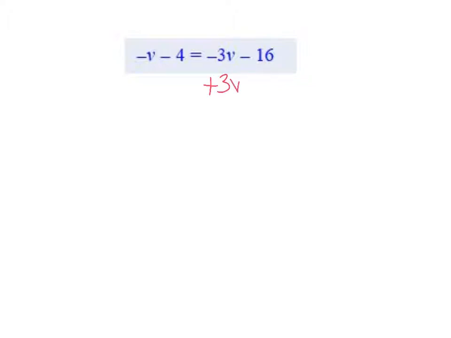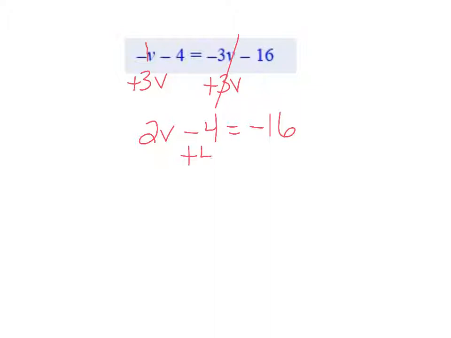So I'm going to add 3v to both sides of the equation. Over here it's going to cancel out, but on the left side I have a negative 1v and a positive 3v, that would combine to 2v. And then the rest of it I just leave there. If I'm going to move my variables to the left side, that means I have to move my numbers to the opposite side, so I'm going to move them to the right.